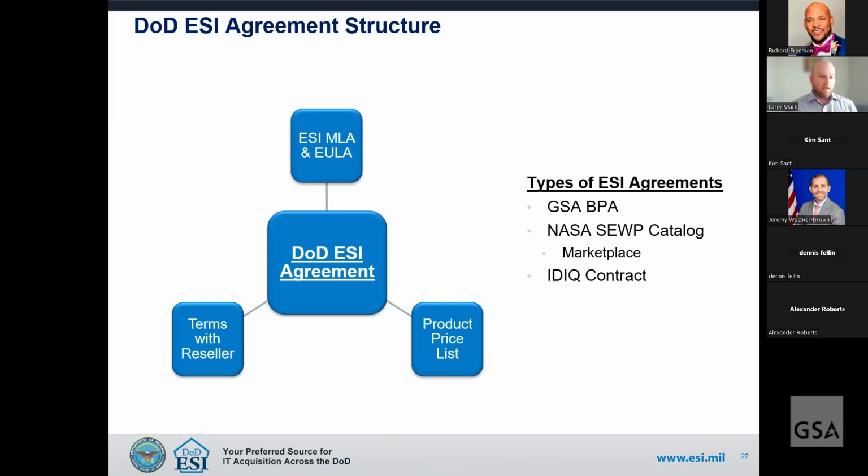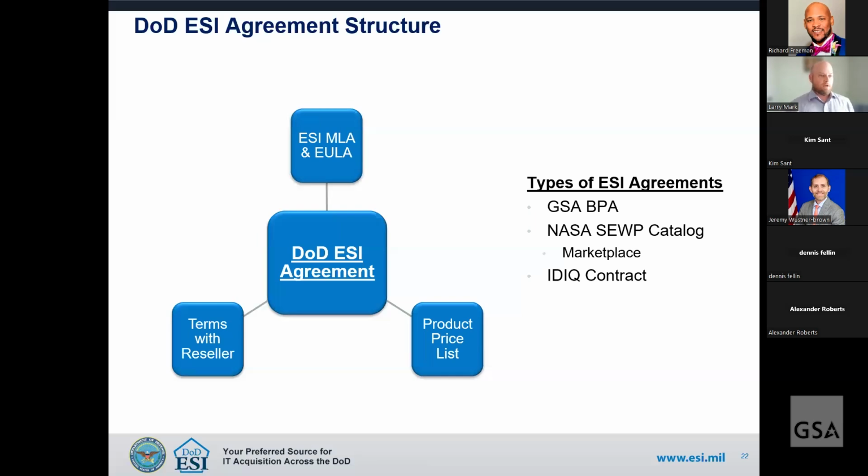So you see here on the left, I've provided a visualization of basically what it looks like. There are several more attachments to each agreement, but these are the three basic pillars of an agreement. So at the very top is the ESI Master License Agreement, or MLA, and the End User License Agreement.